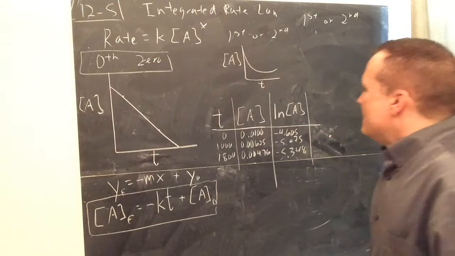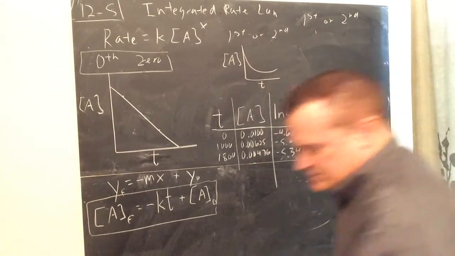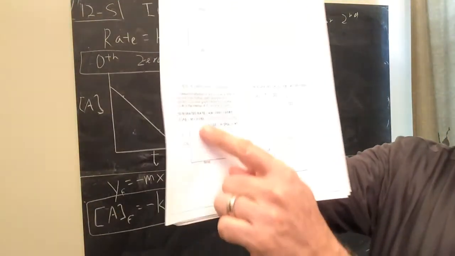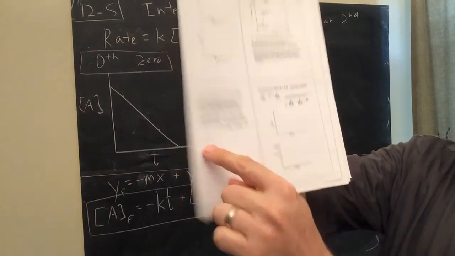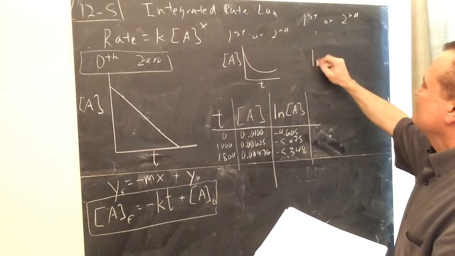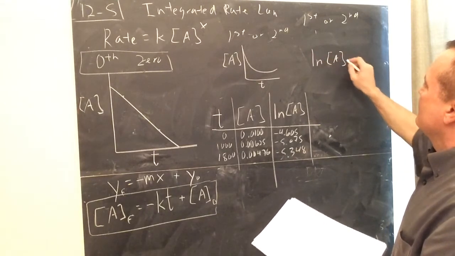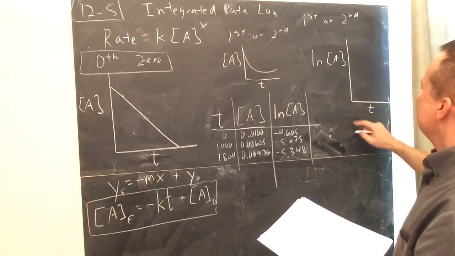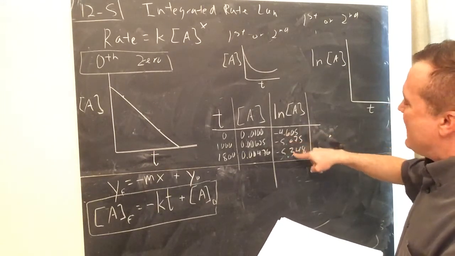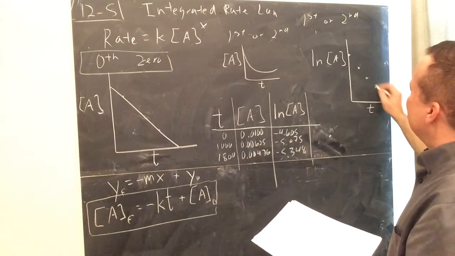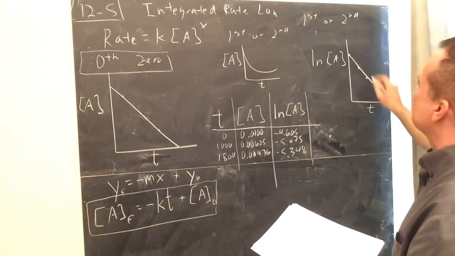Now, if you have a first order, which is on your paper, integrated rate law, first order, you're going to graph the natural log of A versus time. And guess what will happen? Yay, we get a straight line if it is a first order.